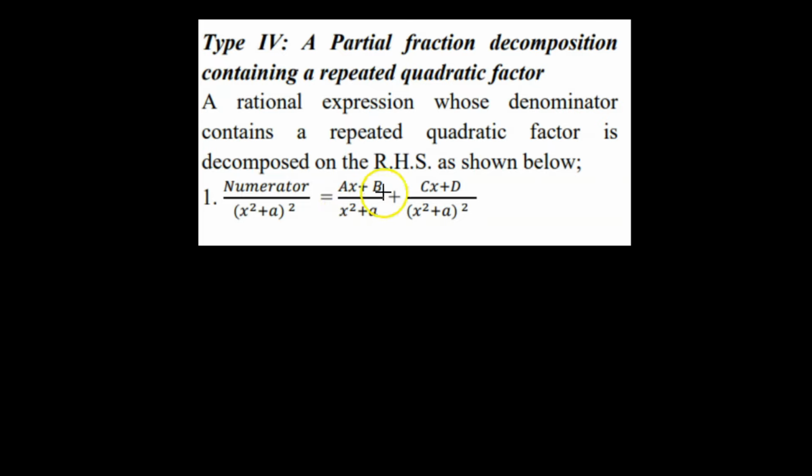Then you just simply have to repeat it. So for such a question, you have ax plus b all over x squared plus a, plus cx plus d all over x squared plus a all squared. So it's similar to that of the linear factor. With that same idea, you can use it to solve other questions.